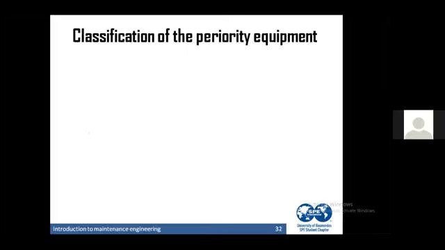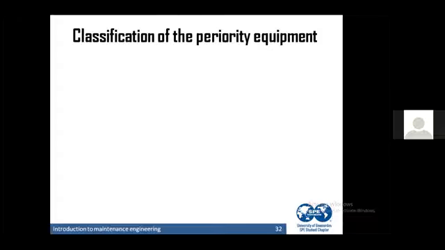Now, as we saw before, not all the equipments are the same. There are some equipments that are critical and that need more attention. By putting more attention on them, I mean, for example, investing more in the CBM and in the preventive maintenance of them. The preventive maintenance level will be higher on them in comparison with the other equipment.